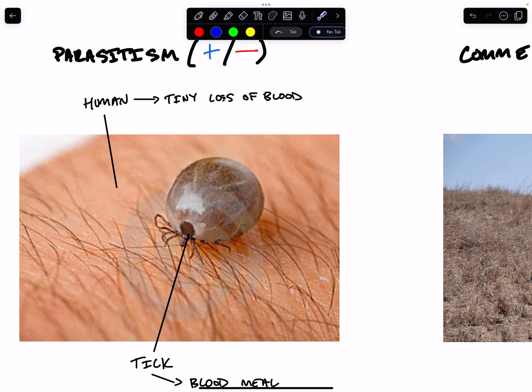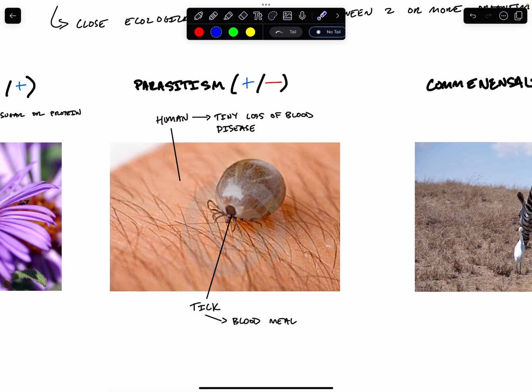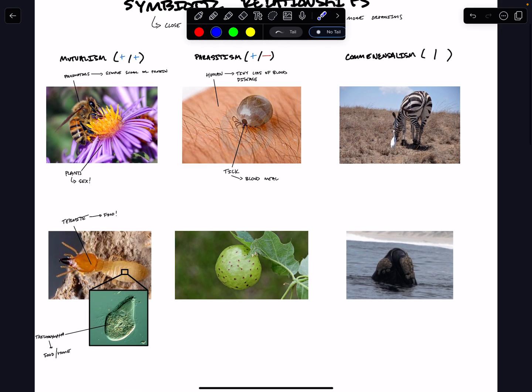But the more nefarious part of this relationship is that the tick is potentially carrying a disease. And so the human is going to get a disease, maybe Lyme disease. So this is good for the tick, it's getting a meal. It's bad for the human because it's potentially getting Lyme disease.